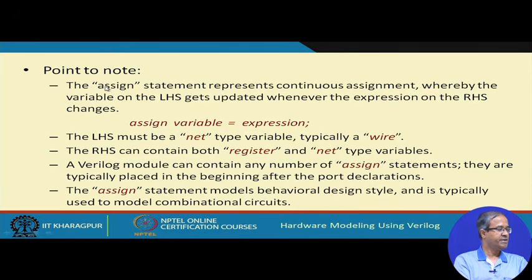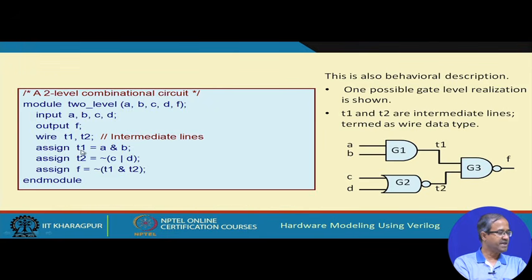Now, there are some points to note for the assign statements. First thing is that the assign statement represents something called continuous assignment. So, what do you mean by continuous assignment? Let us say I have an expression like this, assign some variable equal to some expression. Let us say in the previous example, assign T1 equal to A ampersand B, this is the expression.